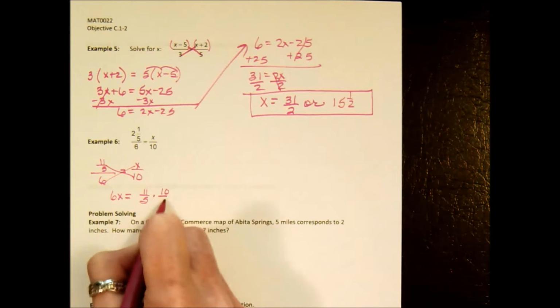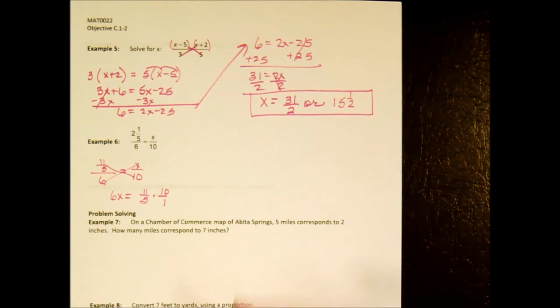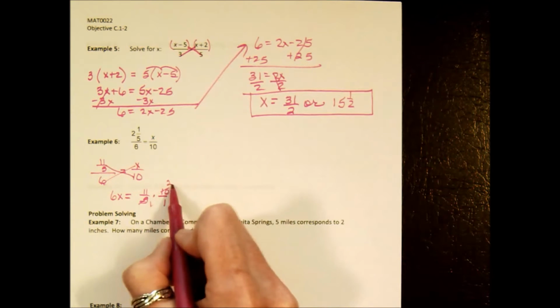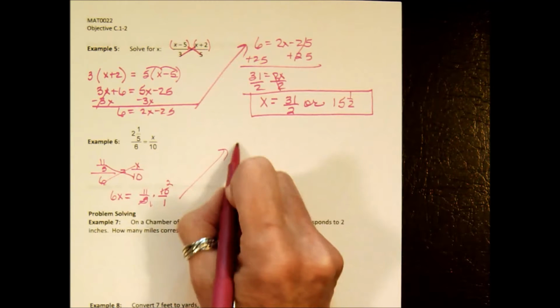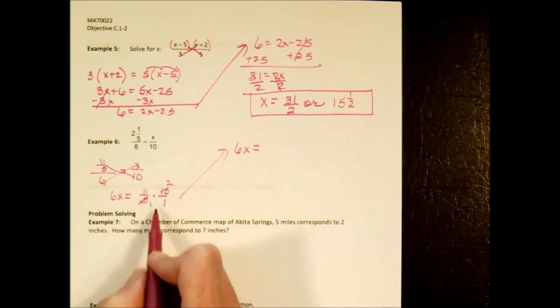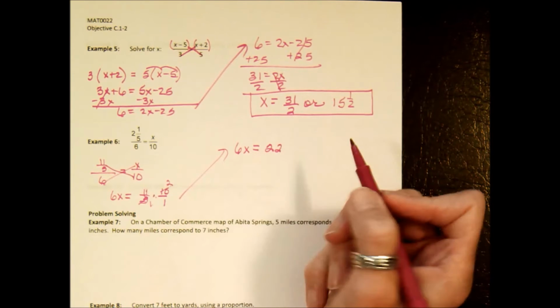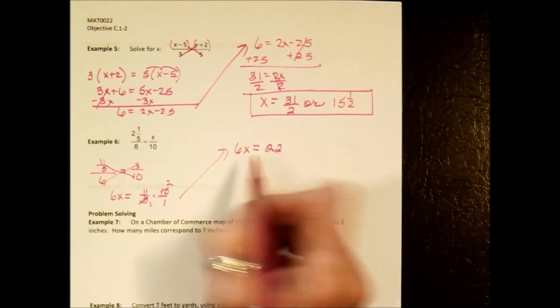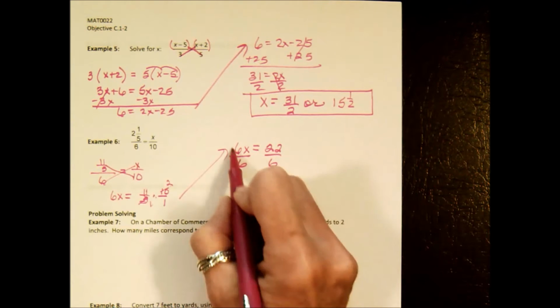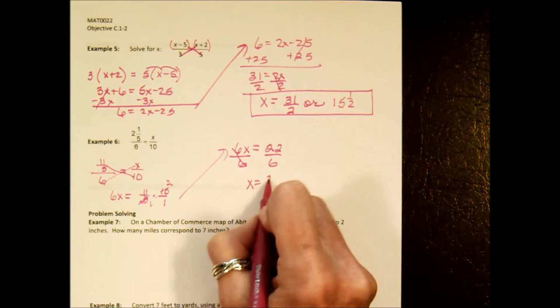Let's put that over 1. We know how to multiply fractions. I can cross cancel, and I end up with 6 times x equals 11 times 2, or equals 22. I divide by 6, and I get x equals 22/6.